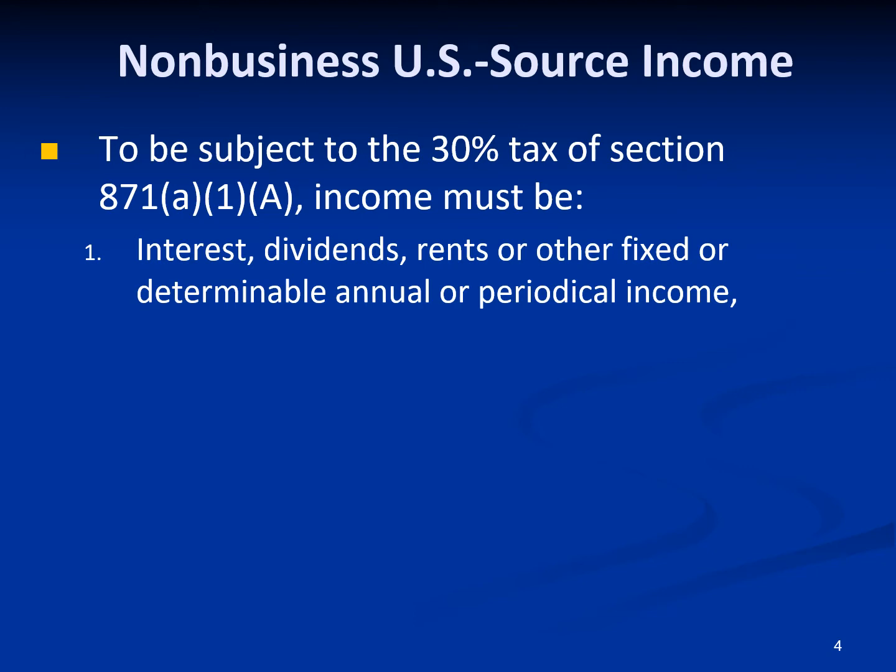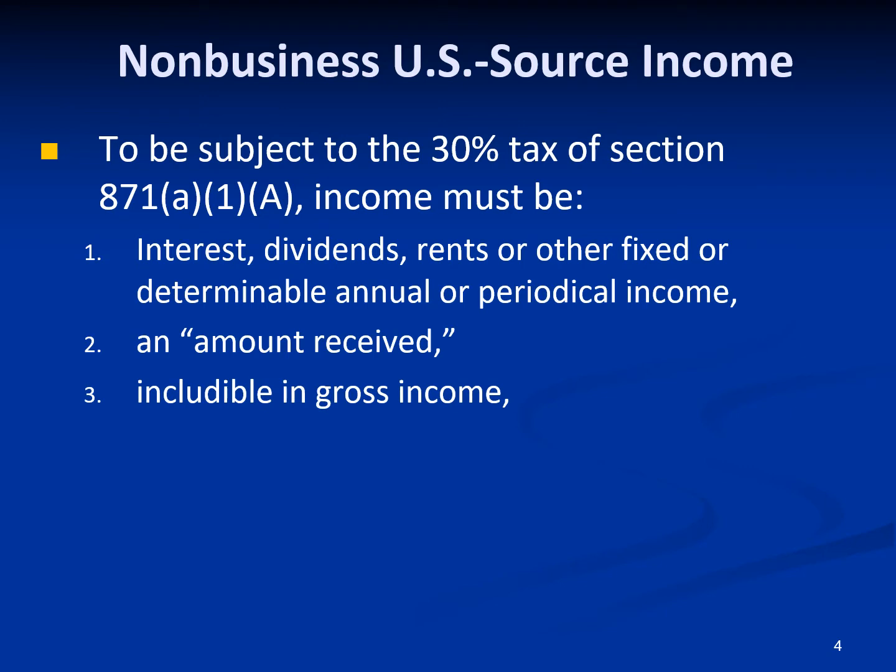That is, it has to be interest, dividends, rents, etc., or other fixed or determinable annual or periodical income. Second, according to the statutory language, it has to be an amount received by that foreign person. Third, the amount has to be includable in the gross income of the foreign person.